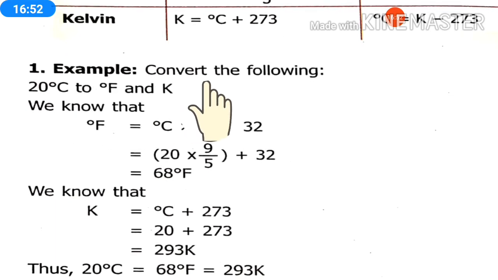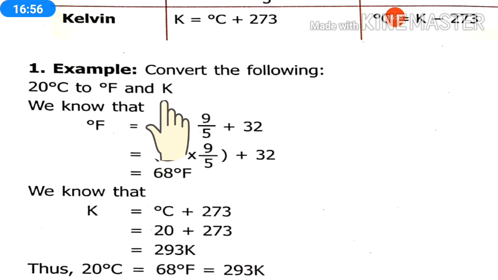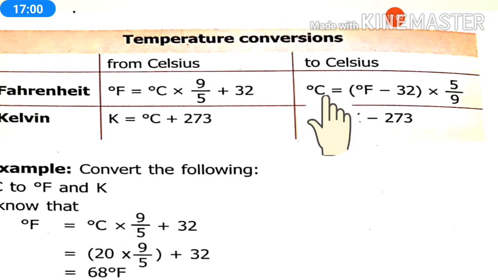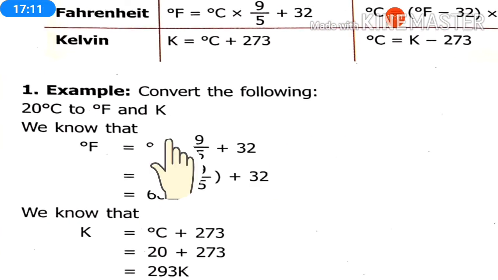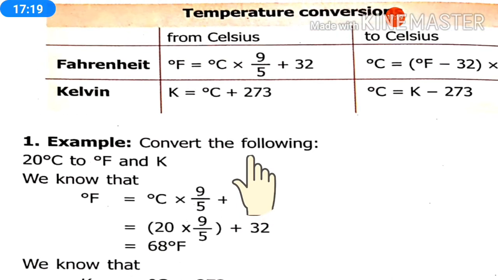First example: convert 20 degrees Celsius to Fahrenheit and Kelvin. See, now the value is given in what? Celsius. So we have to convert the Celsius value to Fahrenheit and to Kelvin. We know that Fahrenheit equals the Celsius value into 9 by 5 plus 32.